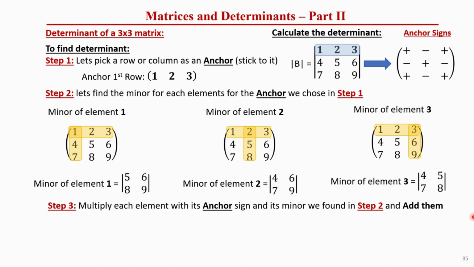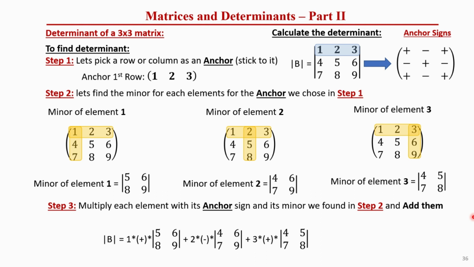Now we want to multiply each element from the anchored row with its anchored sign and its minor that we just found in step 2, right? And we add them all together. Okay, so let's do it.